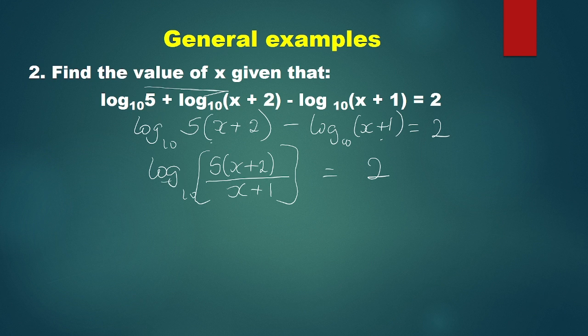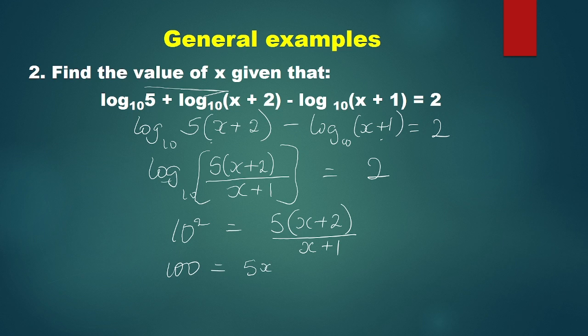In this case, I can rewrite this as 10 raised to the power of 2 equal to 5 times (x + 2) divided by (x + 1), which can also go further to give us 10 raised to the power of 2 is 100 equal to (5x + 10) over (x + 1).